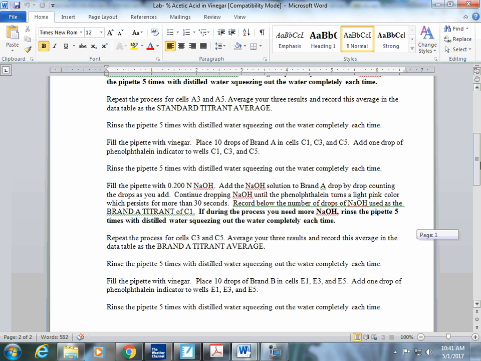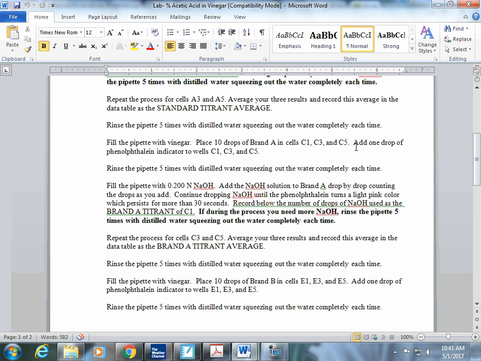Clean out your pipette. Now, we're going to do 2 different brands of vinegar, a brand A and a brand B. So after you've cleaned out your pipette, you're going to place 10 drops of brand A into cells C1, C3, C5. Add phenolphthalein into C1, C3, C5, only 1 drop.